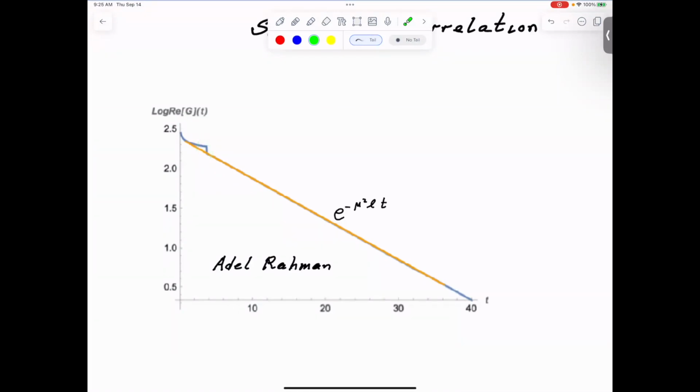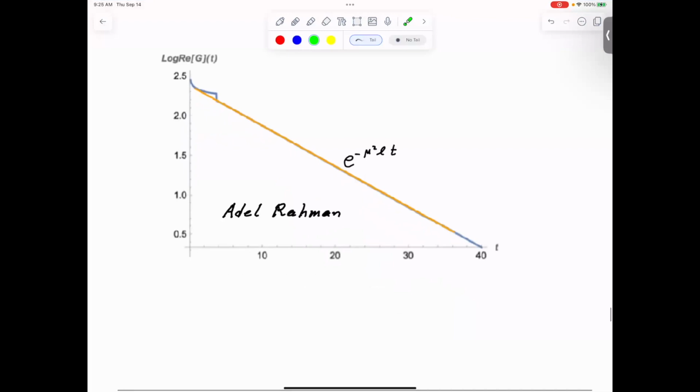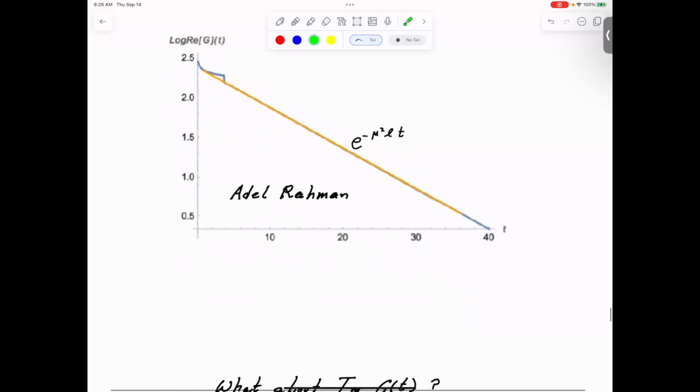This glitch occurs at a time of order log n. It's a small glitch and doesn't seem to mean very much. It's there. I would love to be able to reproduce it.